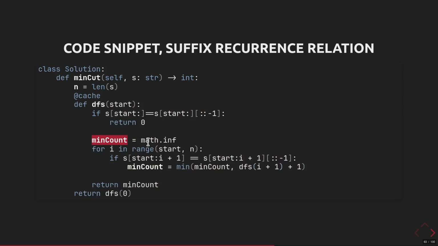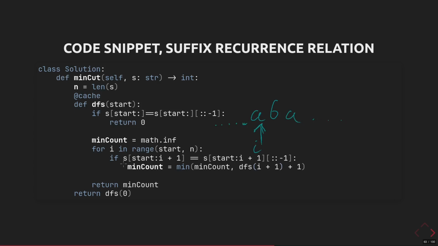I create a dummy value right here, and then I loop through from starting right now until later. So I might have something like ABA that I start here at i. Who knows what came before it? It doesn't really matter, because I only care about what happens at i and the suffix afterwards.